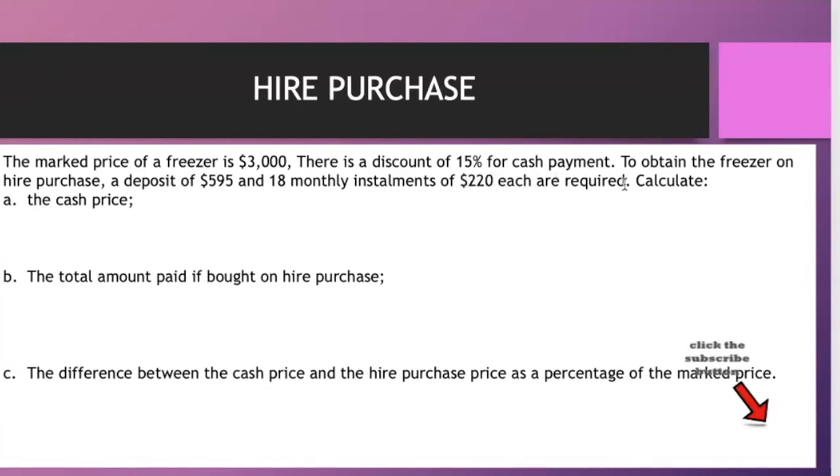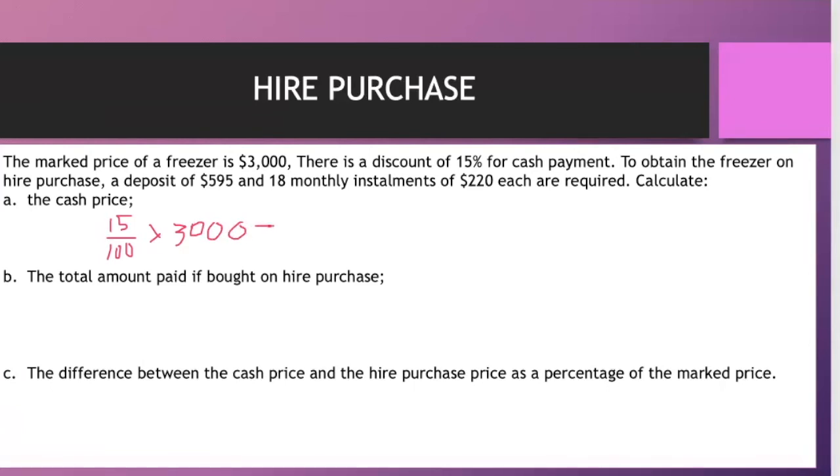Calculate the cash price. It states that there is a discount of 15%. We have two ways to work this. You can either find 15%, which would be 15 over 100 times 3,000. That's finding 15% of the mark price.